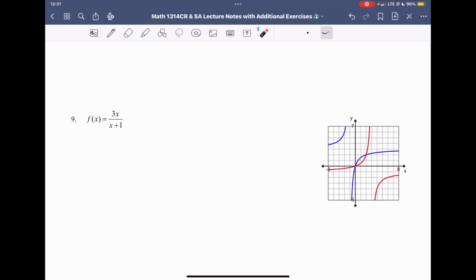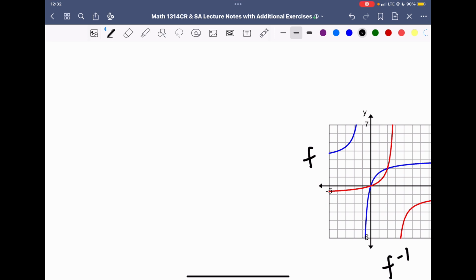This graph is a little bit more complicated. I'm not going to look at these curves. I'm going to look at the upper and lower, in the second quadrant and the fourth quadrant. So this is the f, this is the inverse. Then we just look for a couple of points.